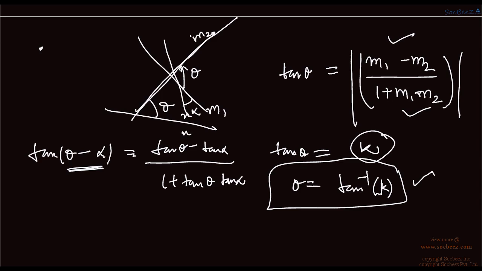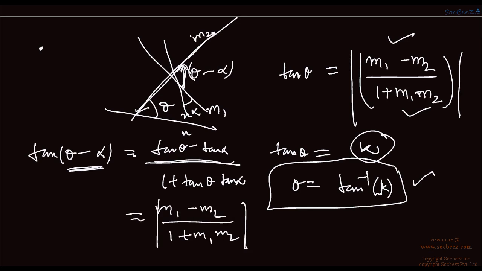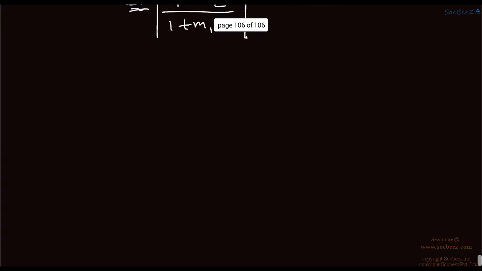So theta minus alpha will be the angle between them, that is this angle. Tan of theta minus alpha is tan theta minus tan alpha, which is m1 minus m2 upon 1 plus m1 m2. And we take the mod because it can be in any of the quadrants. So this is the angle formula, the angle between 2 intersecting straight lines.